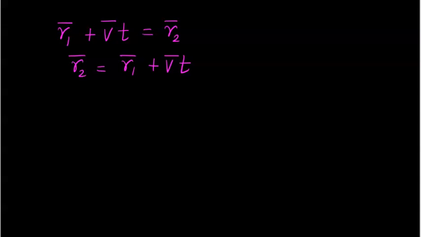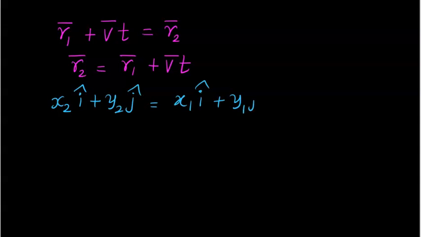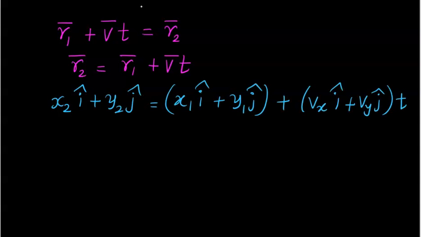Now this will look familiar to the equation that we have already used in one-dimensional motion when I write it in terms of components x and y. So if I write it in components, r2 can be written as x2 i cap plus y2 j cap is equal to x1 i cap plus y1 j cap plus vx i cap plus vy j cap times t. Here x2 and y2 are the components of the r2 bar vector, x1 and y1 are components of the r1 bar vector, and vx and vy are the components of the v bar vector.